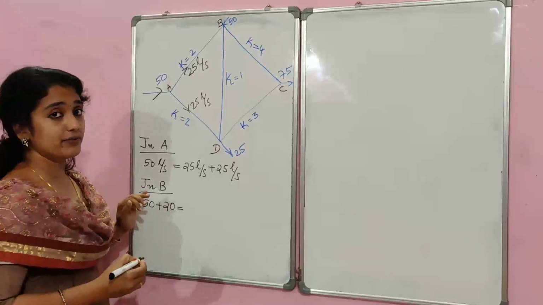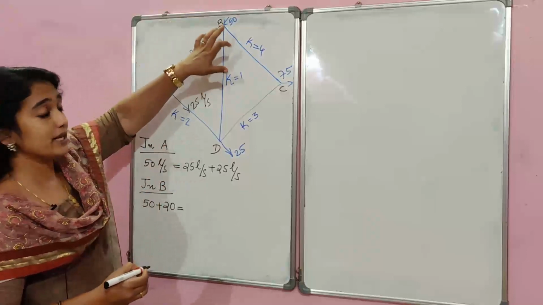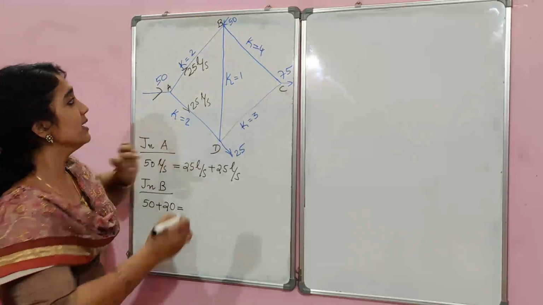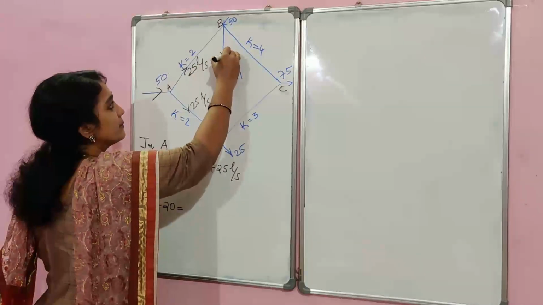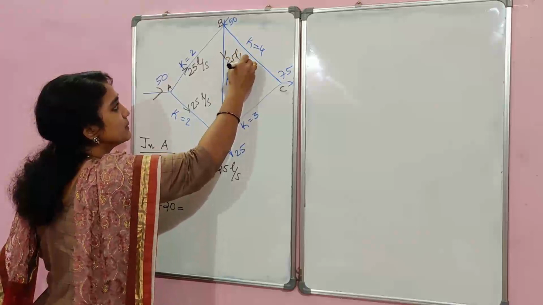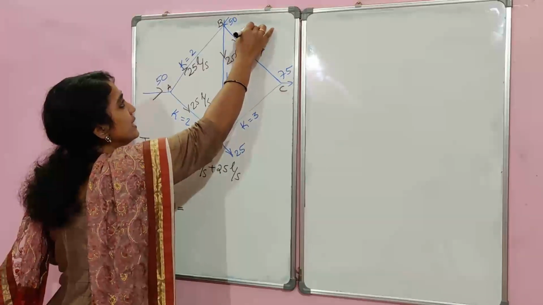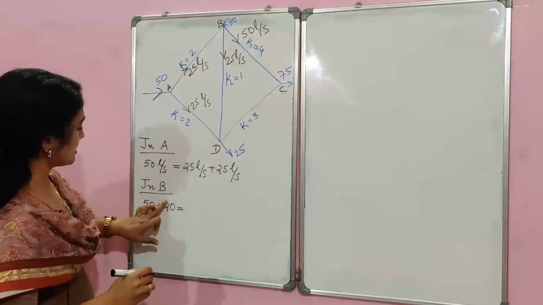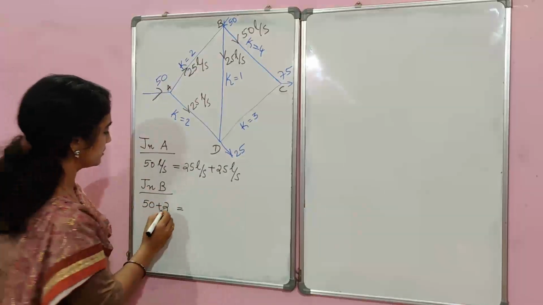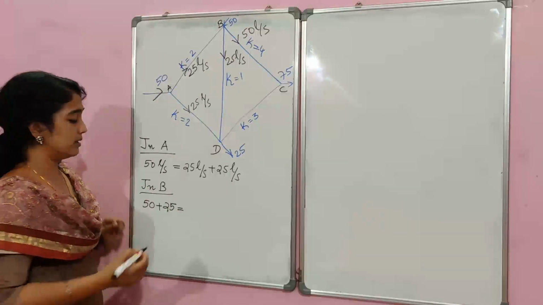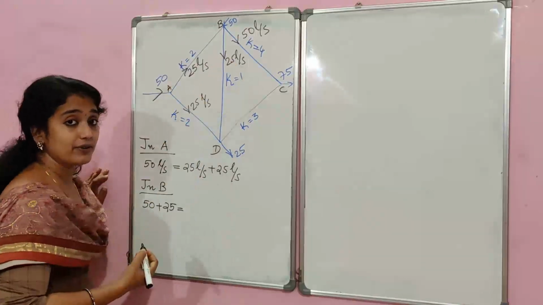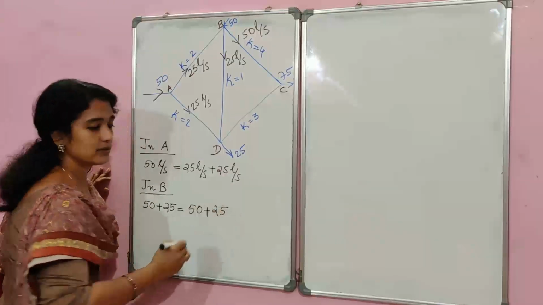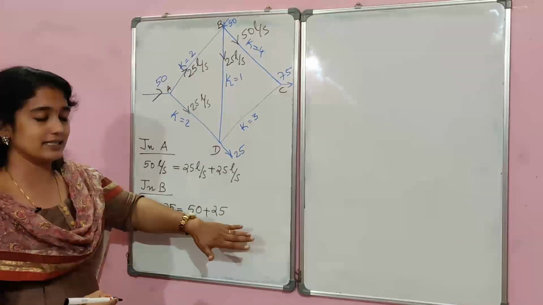The flow leaving from that junction should be through the pipe BD and pipe BC. Here I am going to divide it into 25 liters per second and 50 liters per second. Sorry, this is 25, not 20. So the flow leaving from that junction will be 50 plus 25. So the rule is clear.